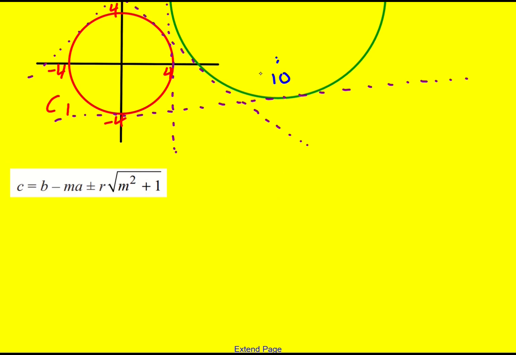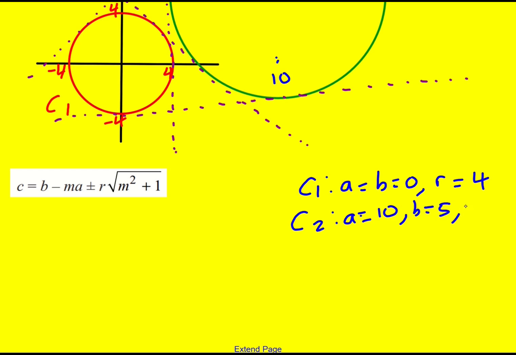So for C1, a is equal to b, which is equal to 0, and r is equal to 4. We had x squared plus y squared was 4 squared. For C2, the center was 10, 5. So a is equal to 10, b is equal to 5, and it was equal to 6 squared, so r is equal to 6.